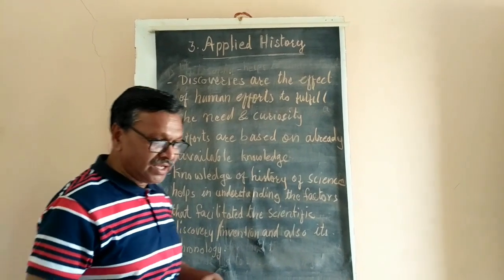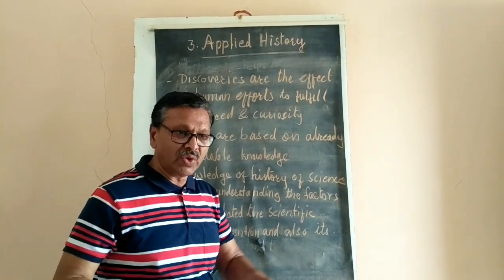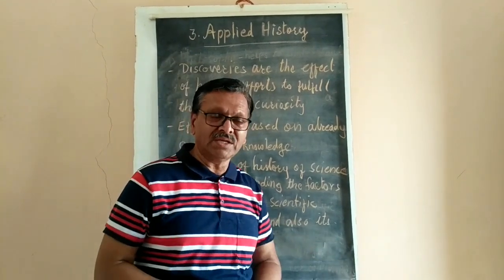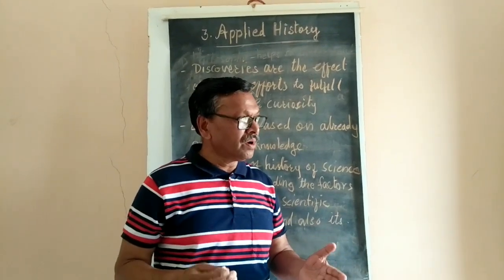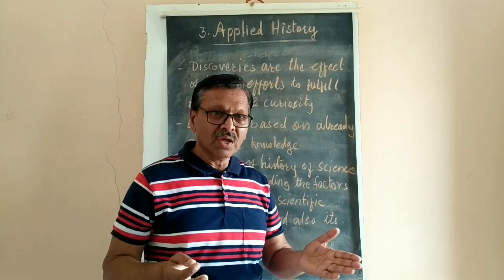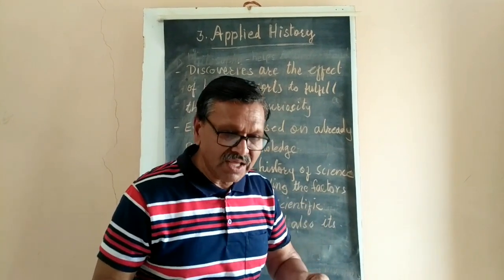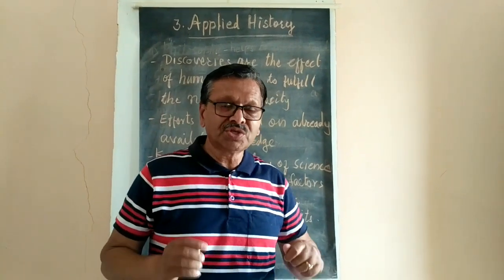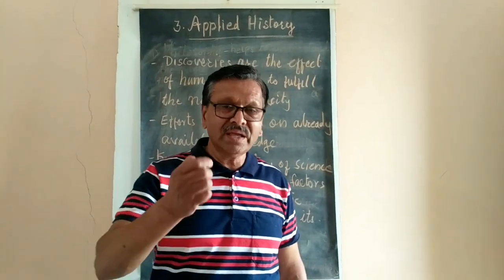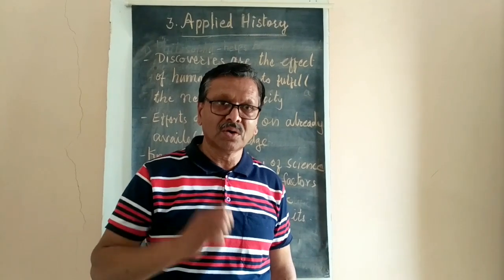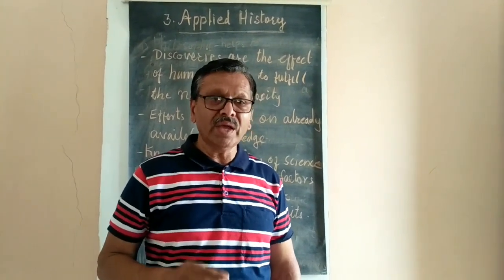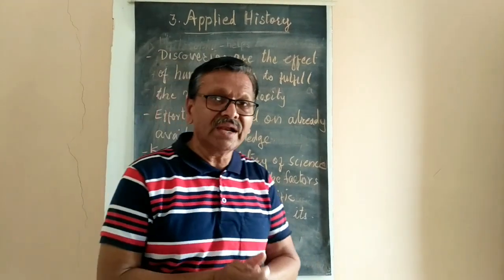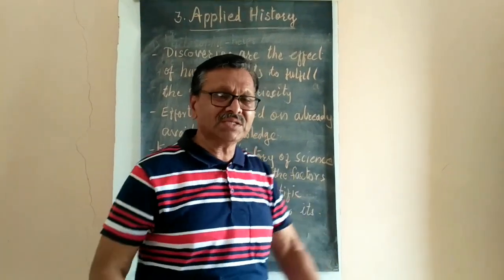So what is our need? The need is that we have to have a vaccine for COVID-19. We have to have machinery which is easily available to the whole country to check whether a person is affected with coronavirus. Our need at present is also sanitizers. So many needs are there.